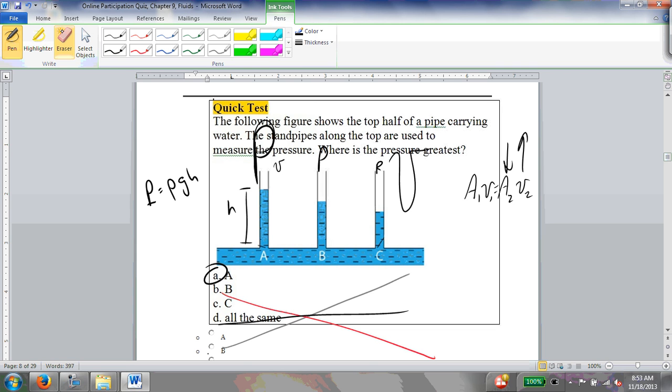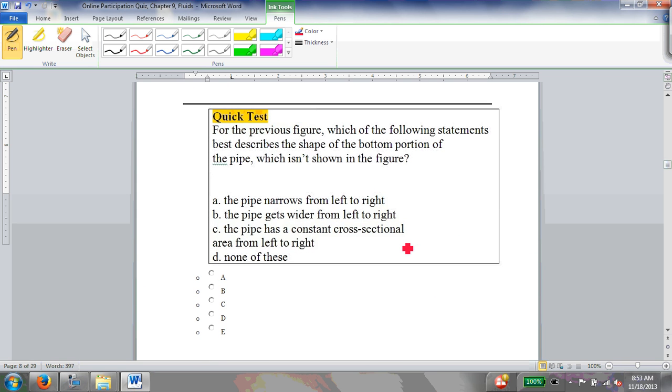So that means my pipe has to be narrowing from left to right. So I have a big velocity here, which gives me a low pressure. So the pipe narrows from left to right.